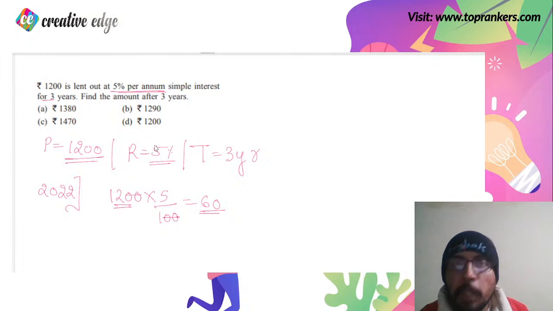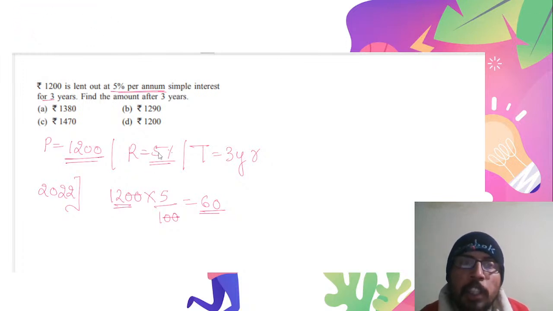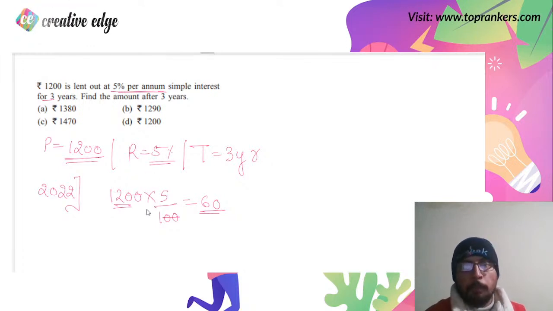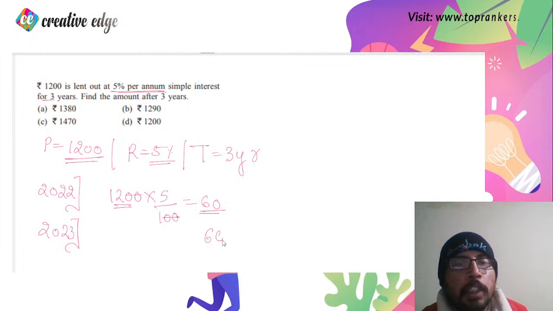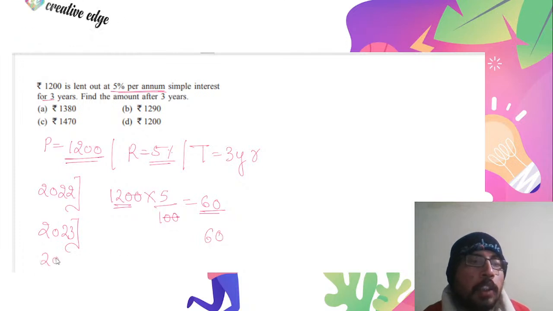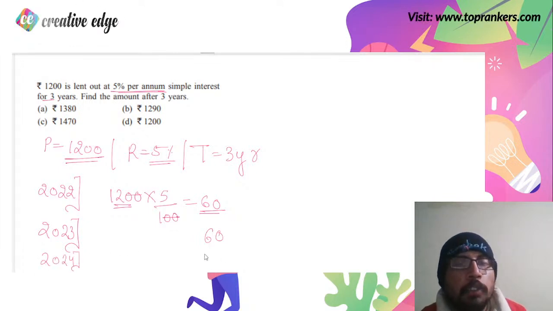This is what rate means. On this rate you will be charged extra money. So you calculated 5% of 1200, which is 60, for the first year. Similarly, for the second year as well, that is in 2023, your interest would be 60. In the third year as well, that is in 2024, your interest would be 60.